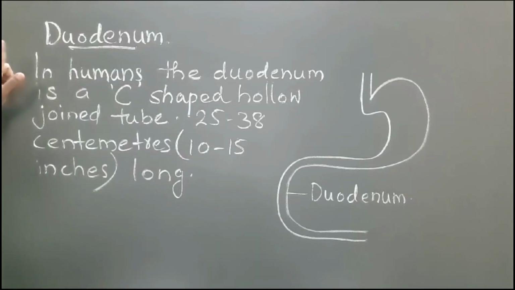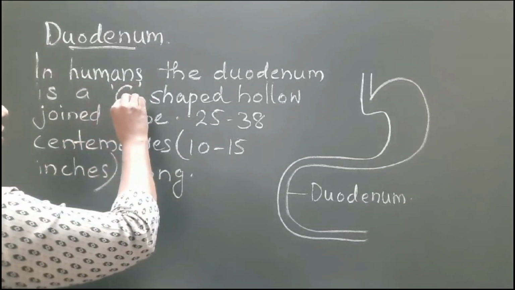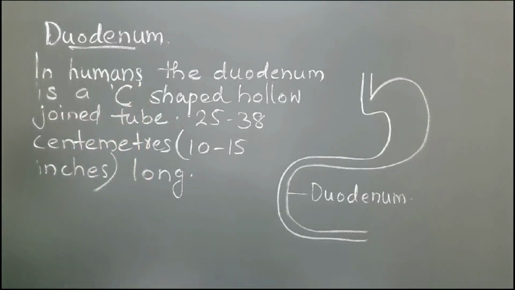Now let's see the duodenum. In humans, the duodenum is a C-shaped hollow tube. The small intestine is divided into 3 parts, and the first part is the duodenum. The duodenum is a C-shaped hollow tube which is 25 to 38 centimeters long, otherwise 10 to 15 inches long.